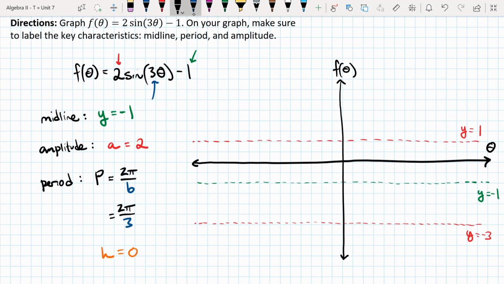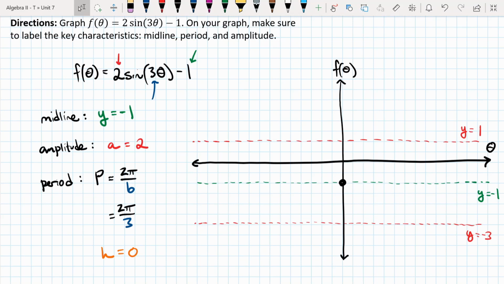If you guys remember from class, a positive sine function indicates that we are going to be starting here at the intersection of the midline and the y-axis. So a sine function with no horizontal shifts, we could start our graphs at the intersection of the y-axis and the midline, okay?